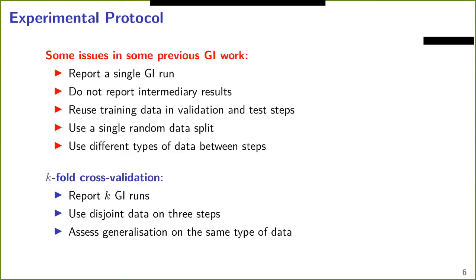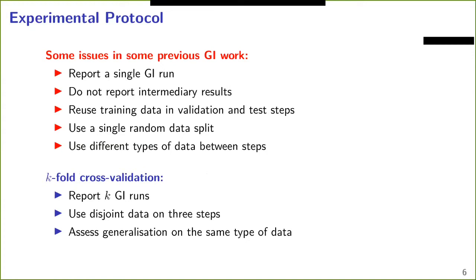Some issues in some previous work can include, for example, reporting a single GI run. They took a software, applied GI, and reported on the modification, but they only ran it once or reported a single run. Because they focus on the software itself, on the found modifications, they do not always report all intermediary results.